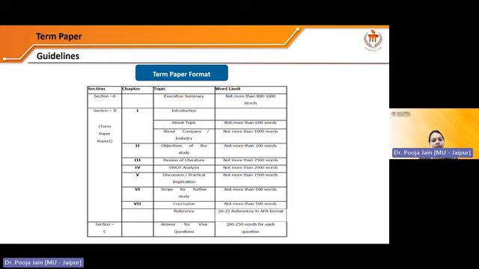What is the executive summary? The executive summary is the whole conclusion of your paper. Although the executive summary has to be put first, it has to be written last, when your term paper has been completed, because the executive summary provides the whole conclusion, the whole crux of your term paper. It is written last but put first in your file.